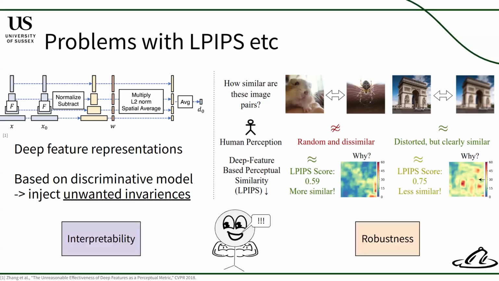Because of this high complexity they lack interpretability, as we can't see which specific features drive specific scores or determine decisions, and also they lack robustness. As you can see, a failure case here on the left is where the first example is being judged as very similar.